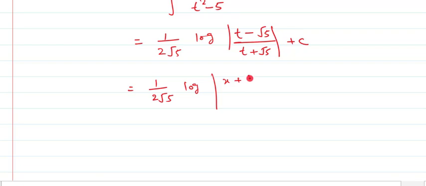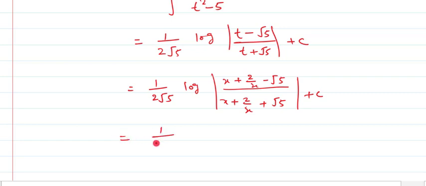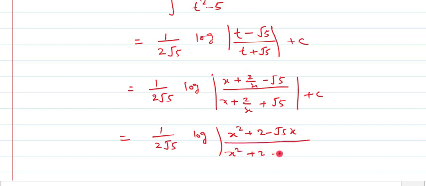So let us put this value, (x plus 2 upon x minus root 5) upon (x plus 2 upon x plus root 5) plus c. So ultimately your result is 1 upon 2 root 5 log (x square plus 2 minus root 5 x) upon (x square plus 2 plus root 5 x) plus c. So if you practice a few questions, you can easily attempt these types of questions.